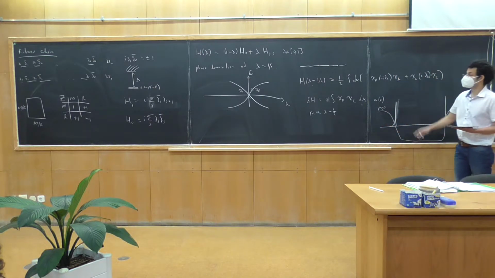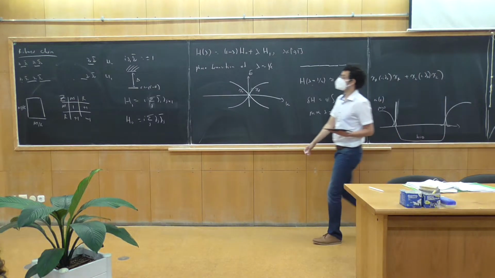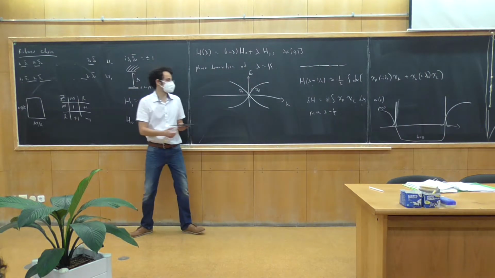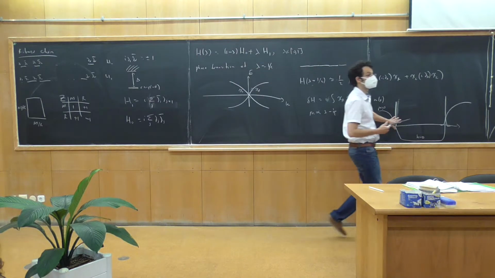So these are exactly the Majorana edge states of the chain, but now seen in this continuum description.